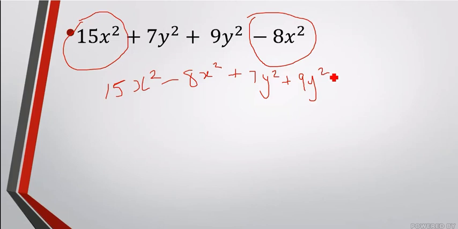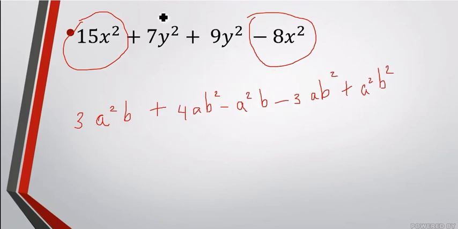The 15 minus 8 will give us a total of 7x squared. And then we have 7 plus 9 will give us a total of 16y squared. And this is the approach to working questions like this.